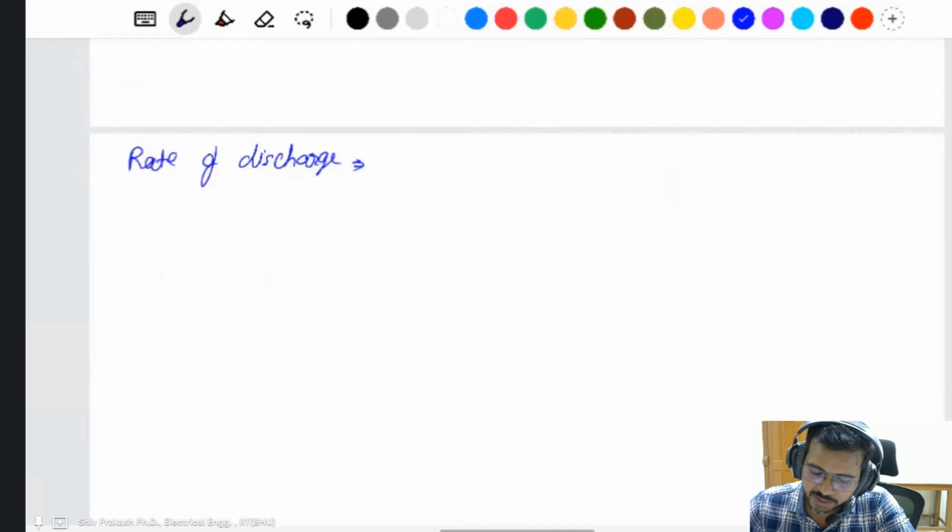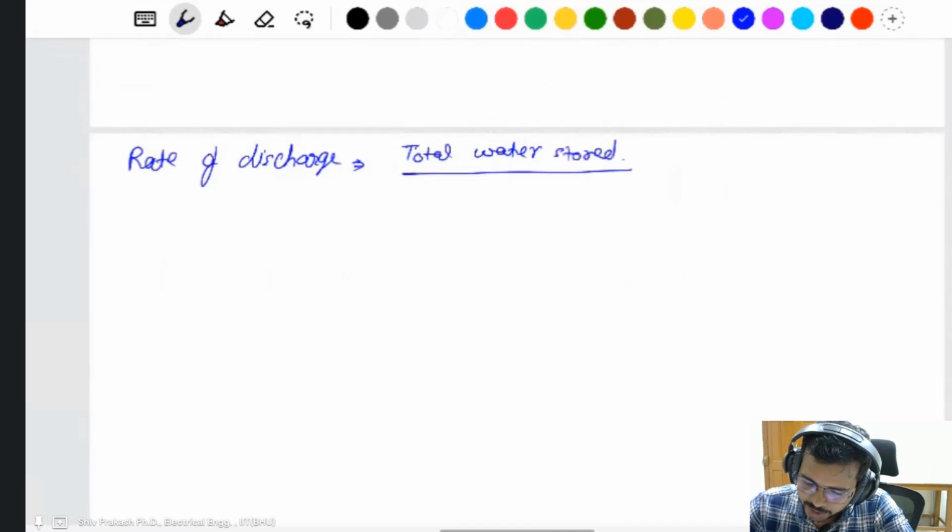Rate of discharge means total water stored divided by the time taken.